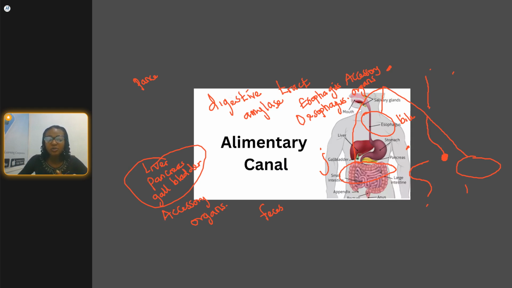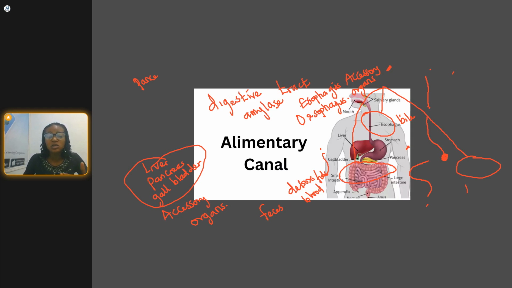Okay, so it produces bile, it detoxifies blood. That is, it removes the things that are not needed in the blood and makes it clean.